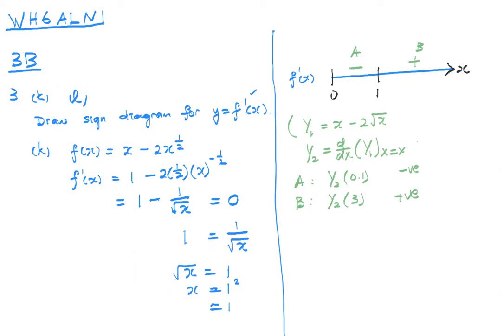So now based on this sign diagram, I can talk about the interval. For this region, the rate is negative, which means the function is decreasing. So therefore, I say when x is greater than 0 and less than or equal to 1, y equal to f(x) is decreasing.